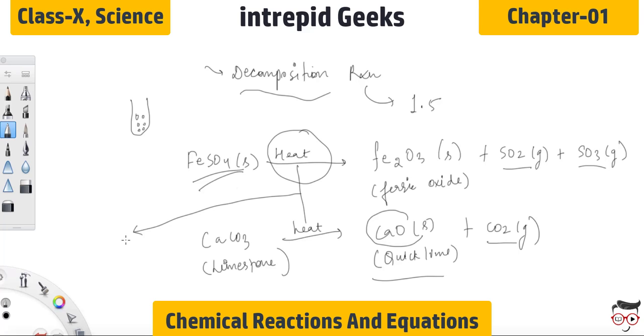So in this decomposition reaction, we are using heat as our source of energy. So these types of decompositions are known as thermal decomposition, in which heat is used to break the heavy complex substance into simpler substances. There is another example which is discussed in activity 1.6.